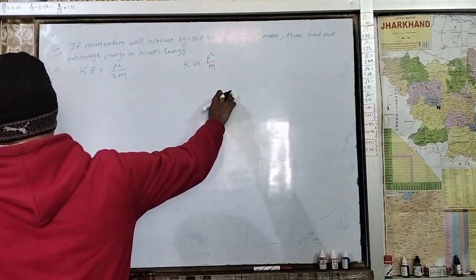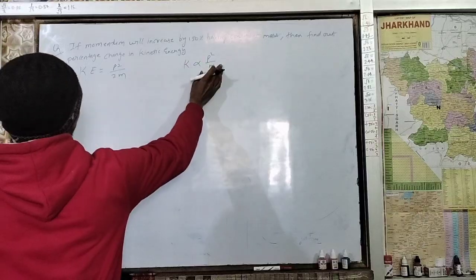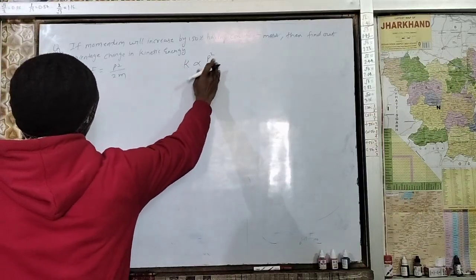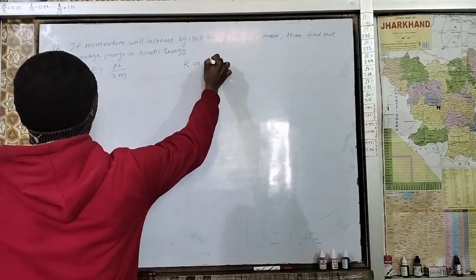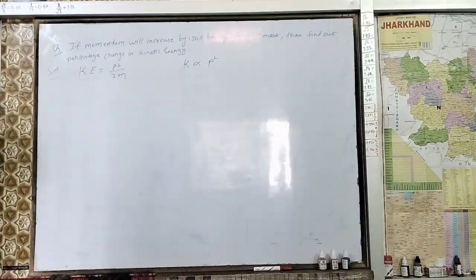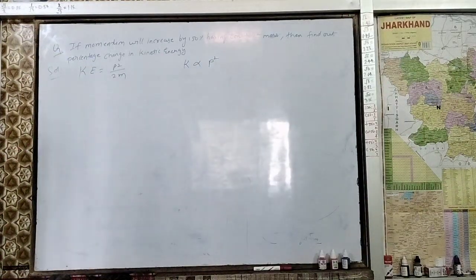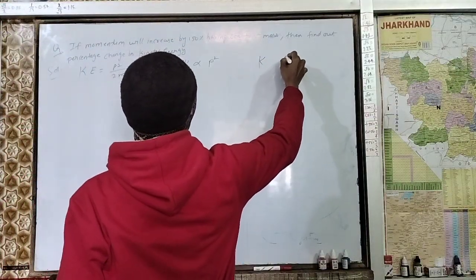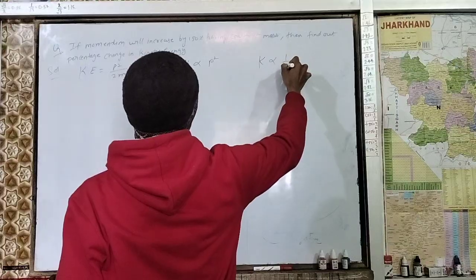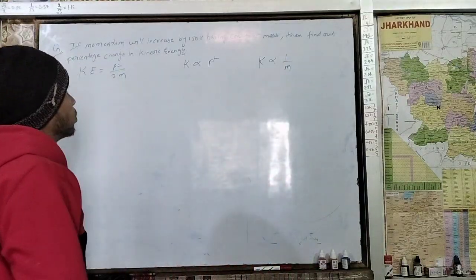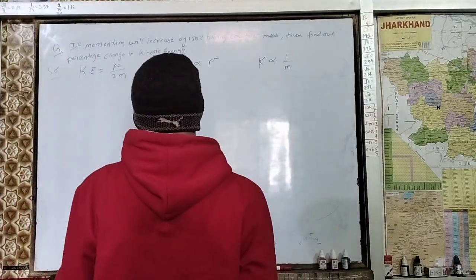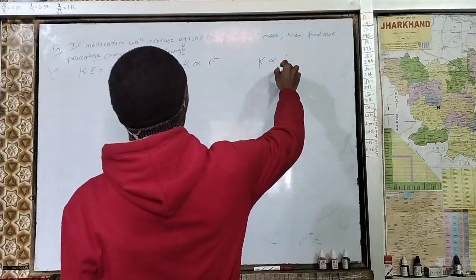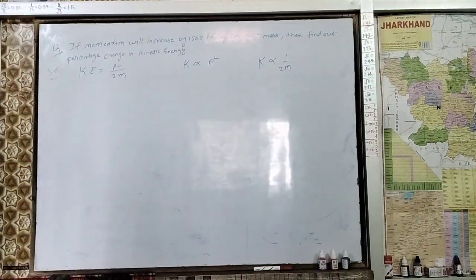K is directly proportional to P square, and K is inversely proportional to m, with the factor 1 by 2 constant.